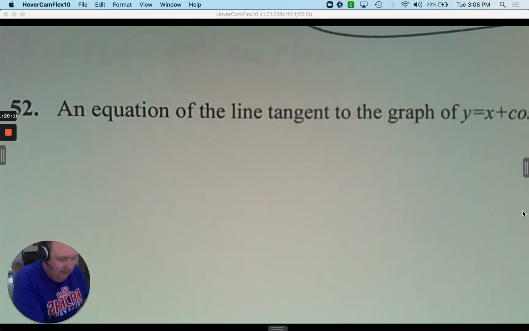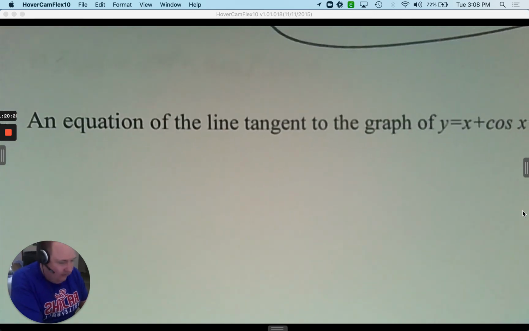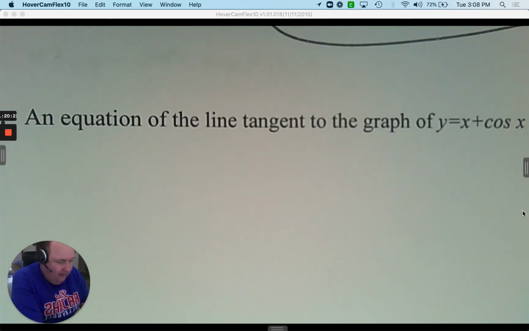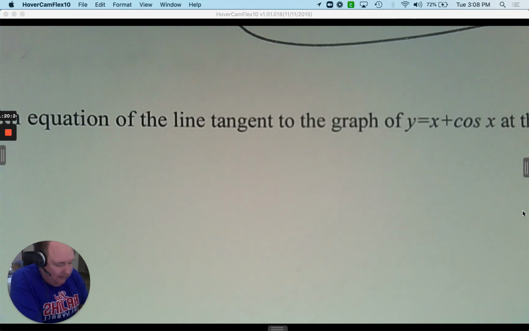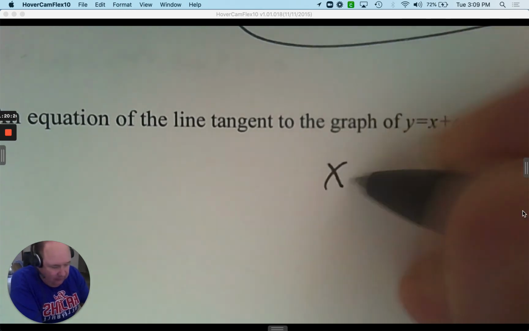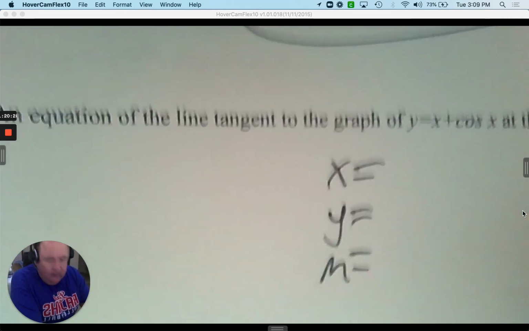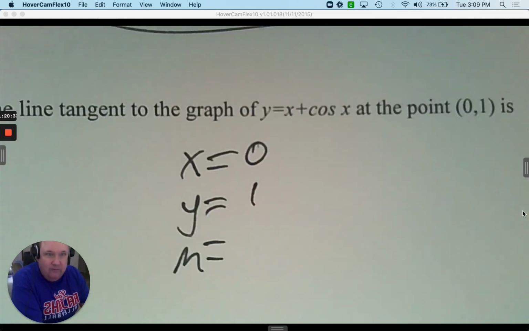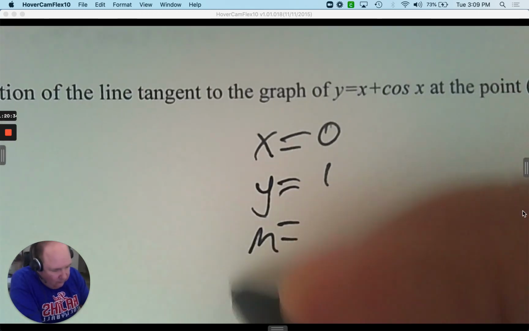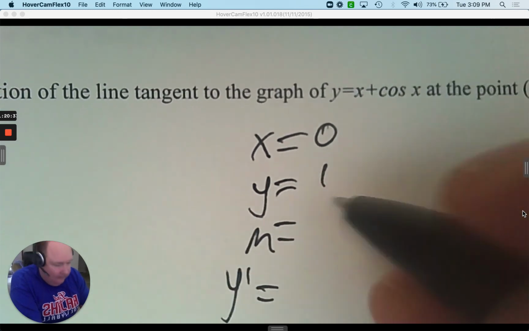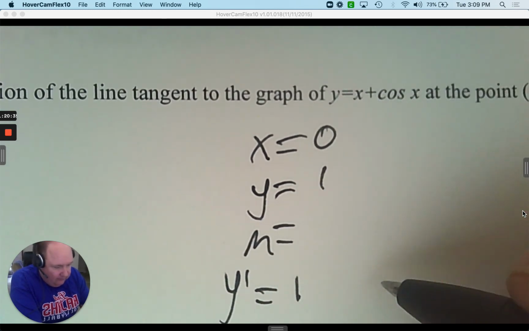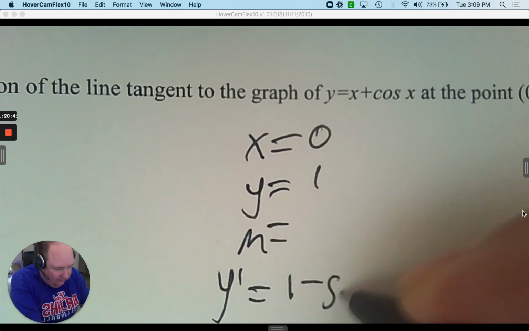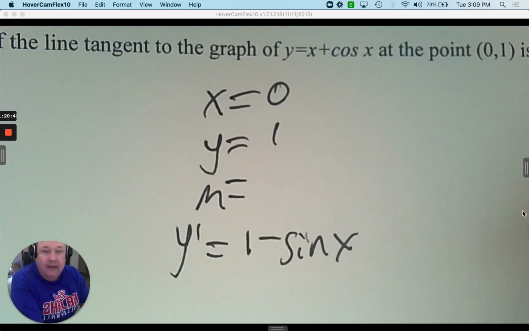Here we go. An equation of the line tangent to that equation at that point is what? So I want an equation of a tangent line. So I need to know what these values are when asked about it. So I'm told already that x is 0 and y is 1. To find the slope, we take the derivative of what I see. So the derivative of x is 1. The derivative of cosine is negative sine. And then I plug in the value.